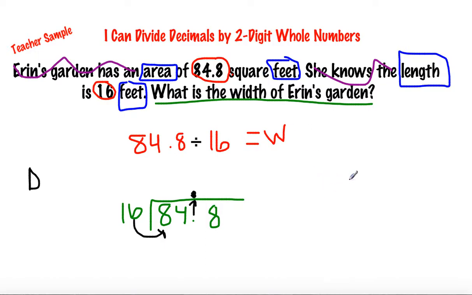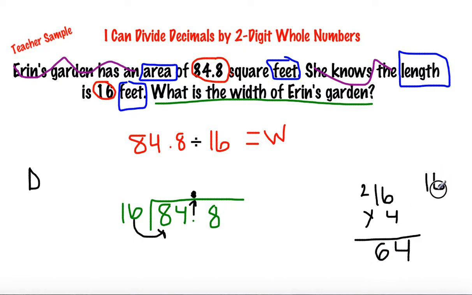So maybe you're doing work on this side and you say, okay, well, 16 times, let's just try 4. We know 6 times 4 is 24. I carry the 2. 4 times 1 is 4, plus 2 is 6. I'm at 64. I could probably go one more.